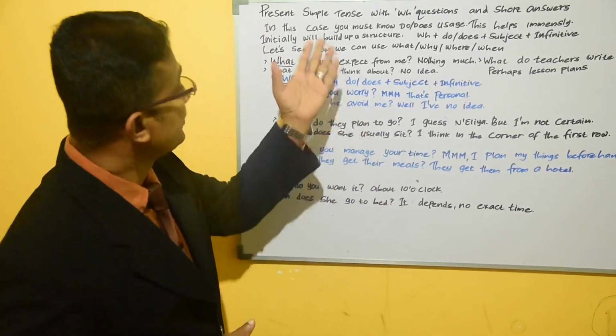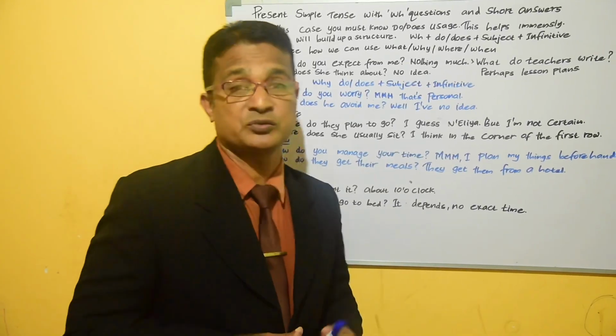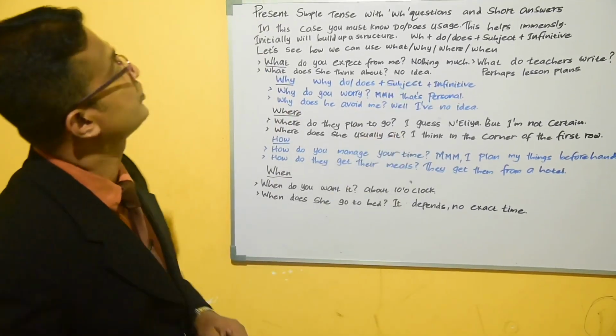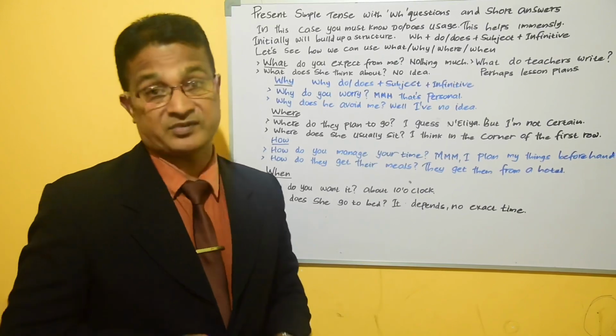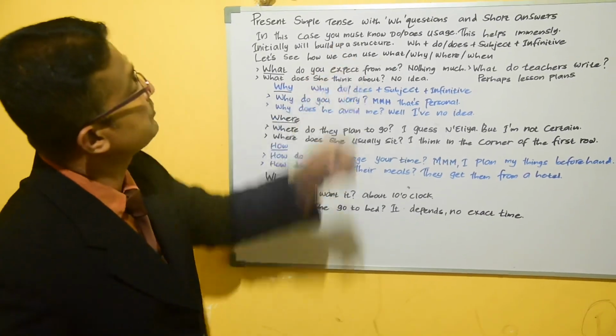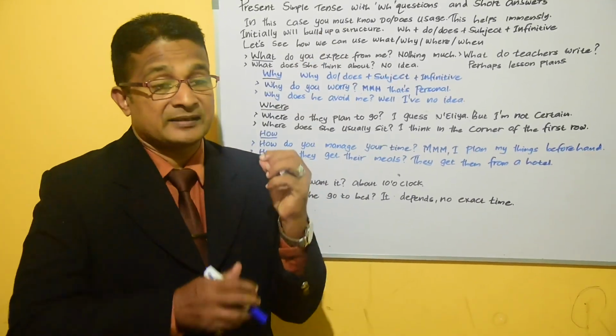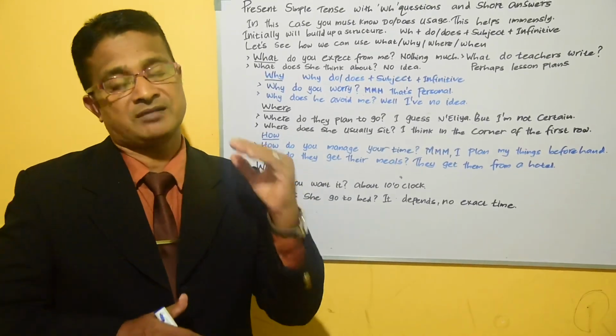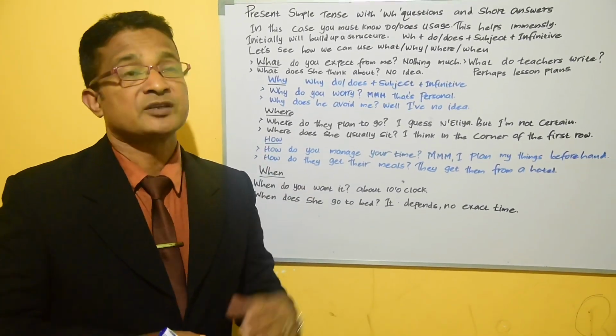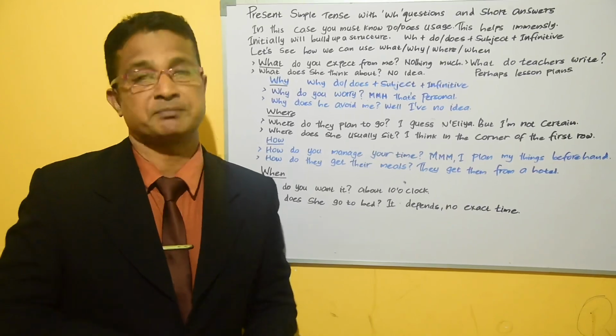Now I'm going to teach you how to use WH questions under present simple tense. What you have to know is how to use do and does in question forms under present simple tense.